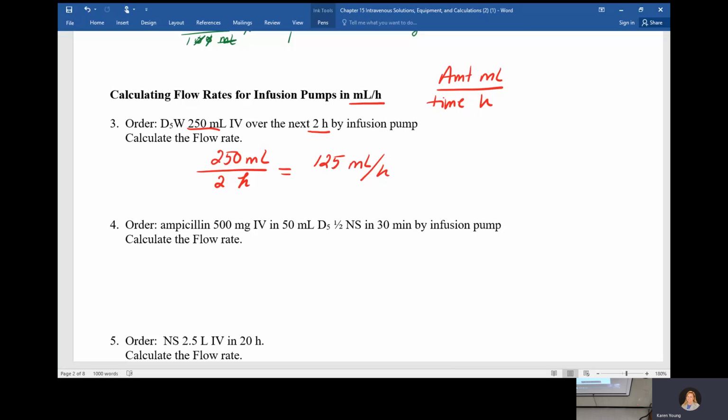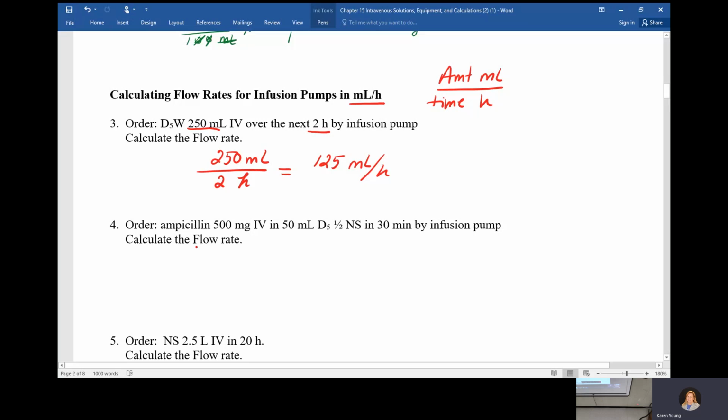So look at number 4. This one's got a lot more information. We got ampicillin 500 milligrams IV in 50 milliliters D5 1/2 normal saline in 30 minutes by infusion pump. That should say over 30 minutes, but typo, I guess. So I'm only looking for the flow rate.